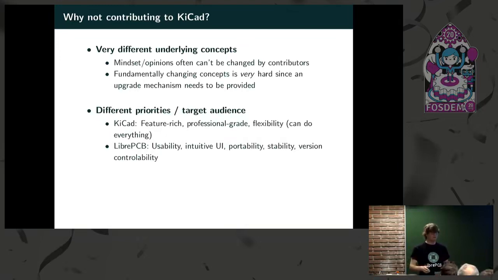And thus, in LibrePCB, we strictly separate information which needs to be checked in because it is important for the project or for the libraries, and information which is not that important, for example, which layer is visible or hidden or what zoom level you have and so on. That's not part of the repository in the end. That's stored only locally. So you don't have changes you don't want in the Git log. Basically. Okay, thank you.